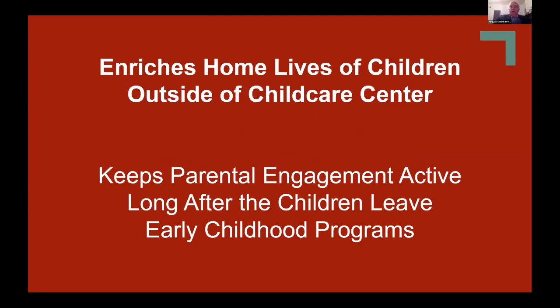What these programs do, it turns out, is enrich the home lives of children. It keeps parental engagement alive, active. And so long after children leave the program, the parents are still encouraging, nursing the child. So they're creating a cocoon.